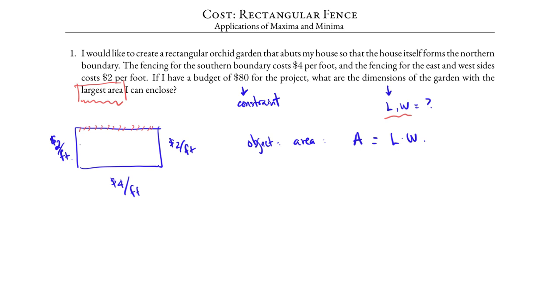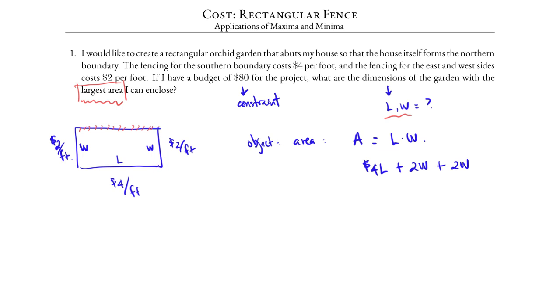We label the width as W for this garden and the length as L. Then the cost to fence the length is 4L. The cost to fence the left side is 2W, and the cost to fence the right hand side is 2W, where L is the length in feet and width W also in feet.